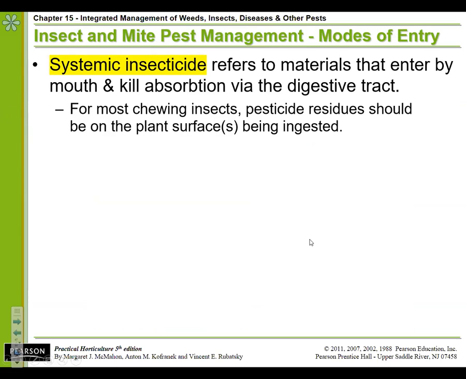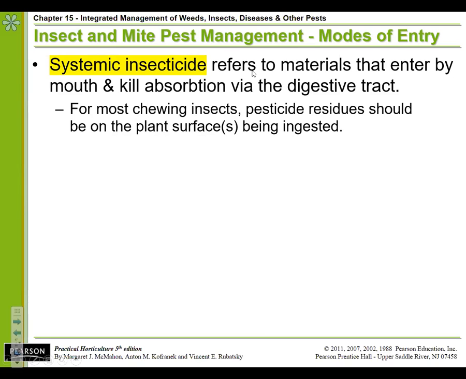So talking about the ways of controlling them, looking at how pesticides, the mode of entry into the body of the insect. So we have systemic insecticides, which are those that are going to enter the insect through its feeding and then kill it through its absorption into its digestive tract.